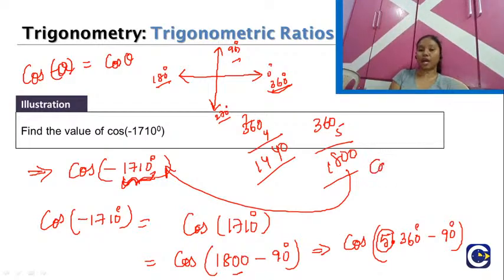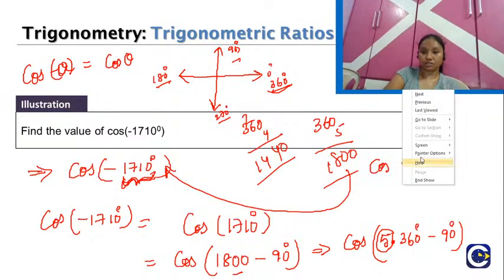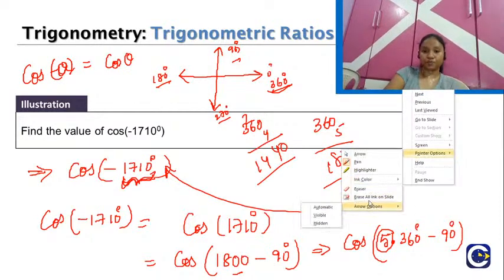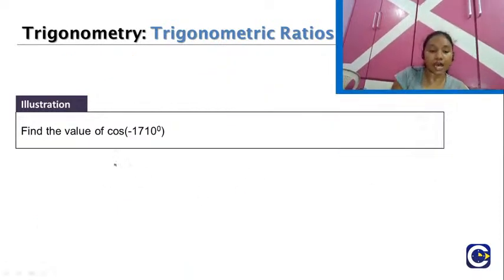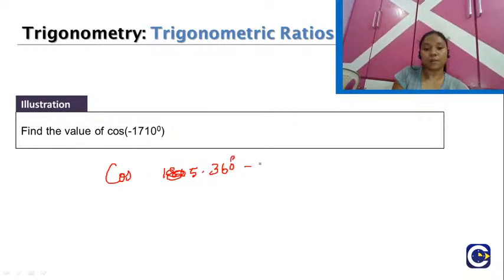So now we have cos of 5 times 360 degrees minus 90 degrees. It is revolutions, so no need to worry. Here we have to check in terms of our quadrant system, that is 360 degrees minus 90 degrees.